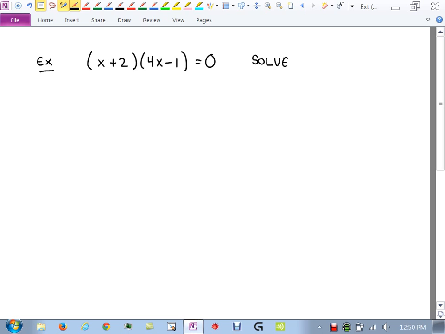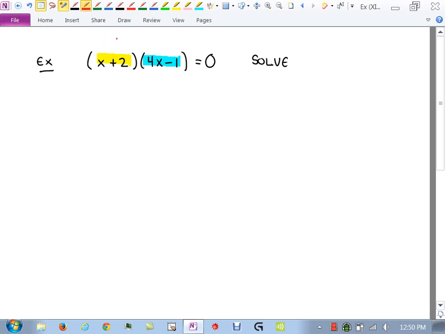So let's see if we can apply the zero factor property. Do we have an equation equal to 0? Yes. Do we have things on the left side that are being multiplied together? Yes. We have two things, right? We have x plus 2, and we have 4x minus 1.